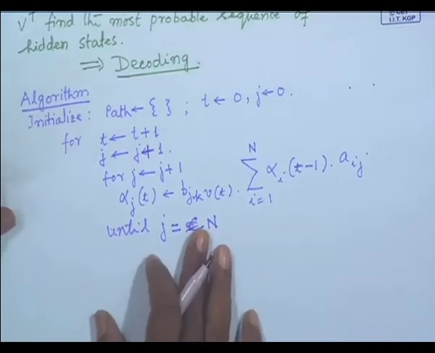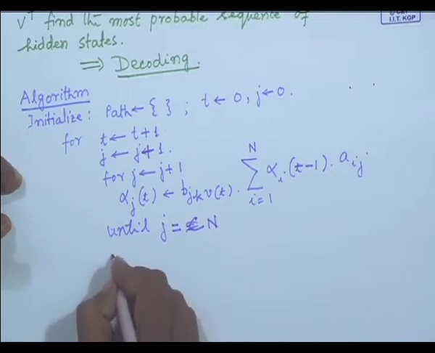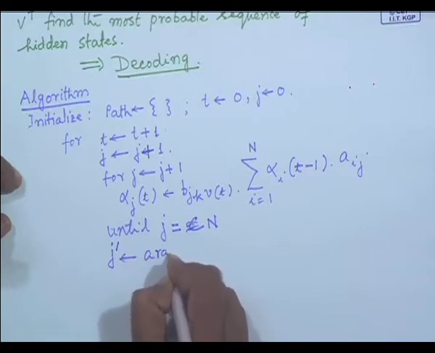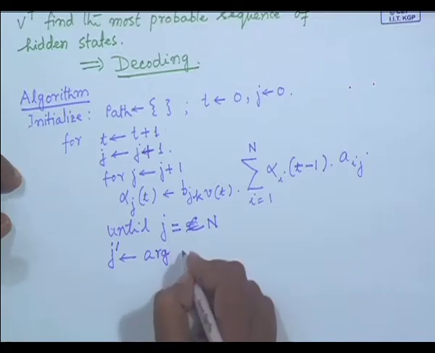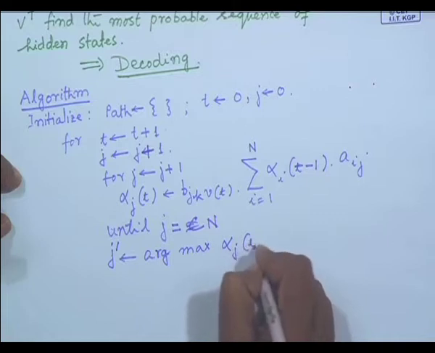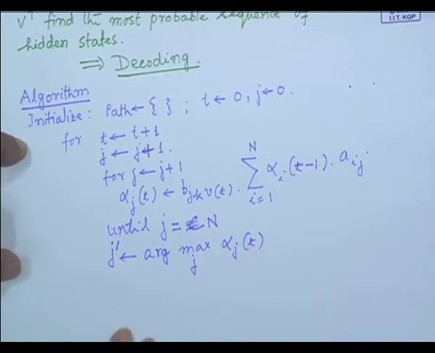And once this condition is reached, then I have to find out the state which has maximum probability. So, j hat is the argument maximum of alpha j t, where this maximum has to be computed over j.